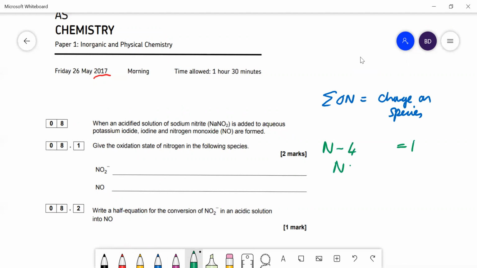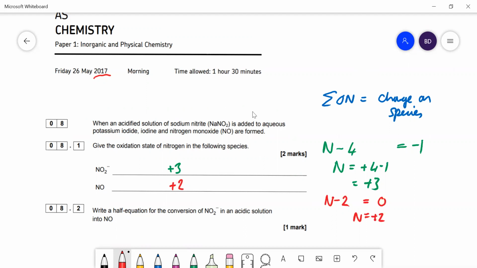So nitrogen is equal to +4 -1, sorry, is equal to +3. And then with the nitrogen oxide, the charge on the species is 0. So N -2, so nitrogen is equal to +2 in that one.